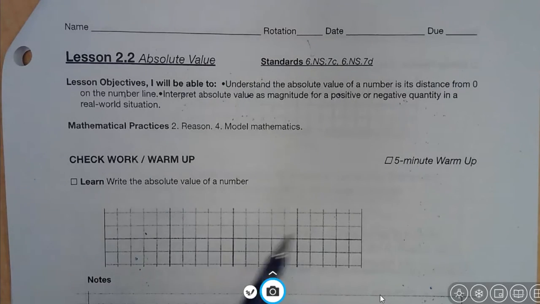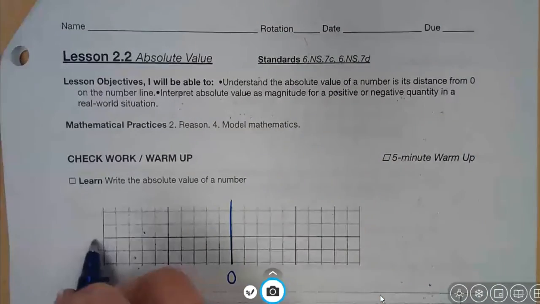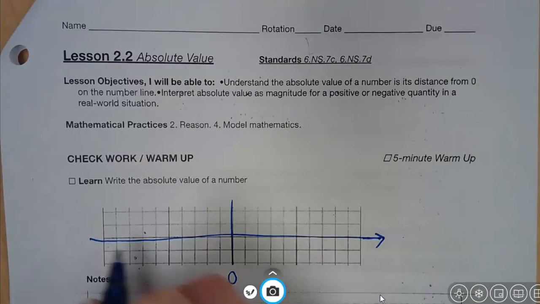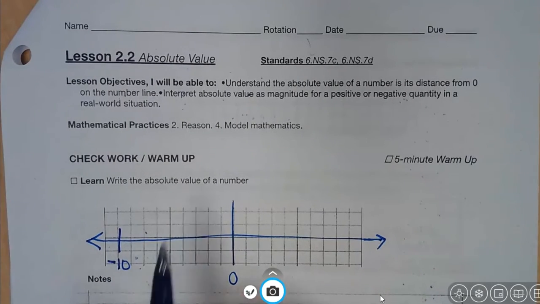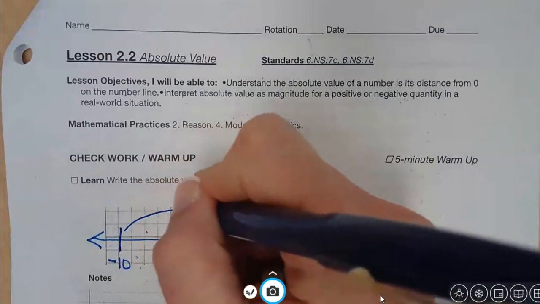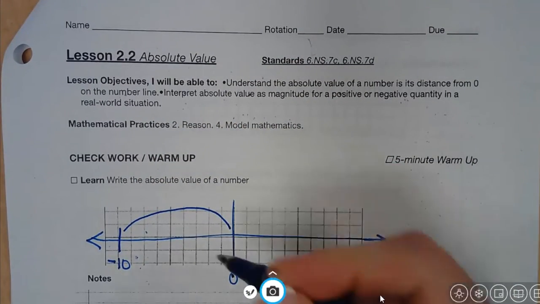So if I had 0 listed right here, and then I had a number line, and if I showed you that this was negative 10, and I said, how far is negative 10 to 0? You would simply say that negative 10 is 10 away from 0.